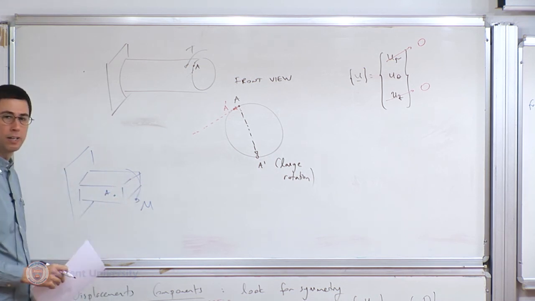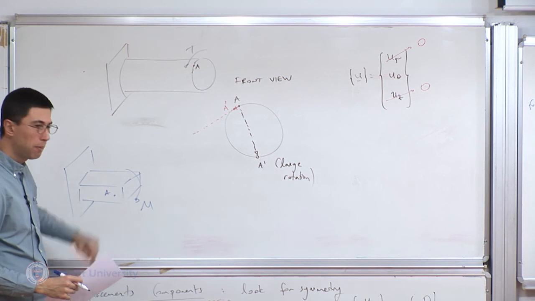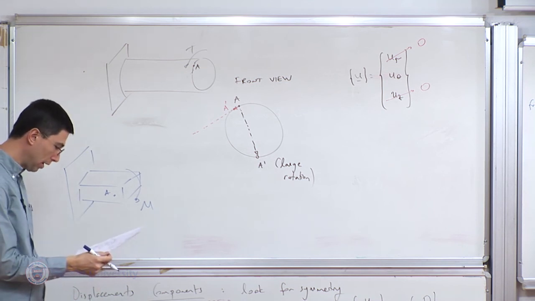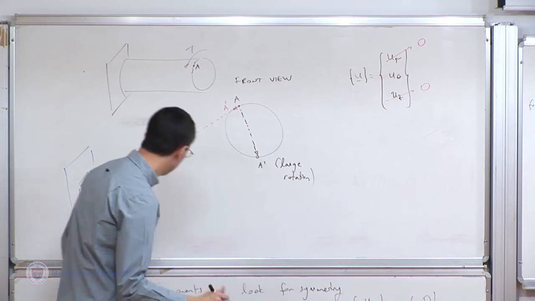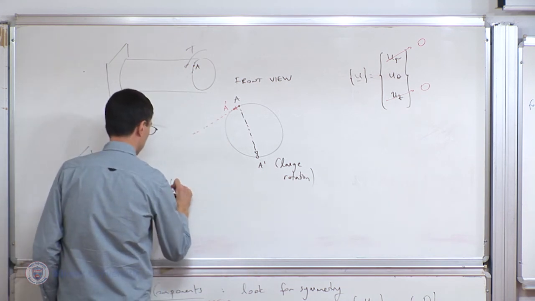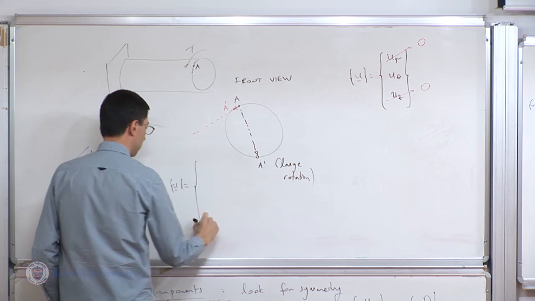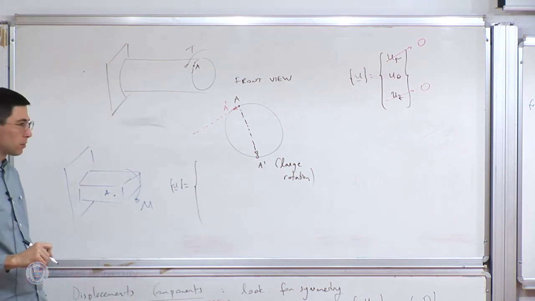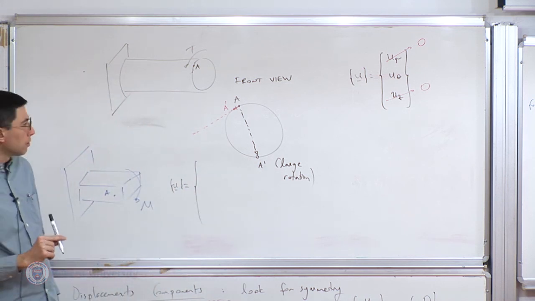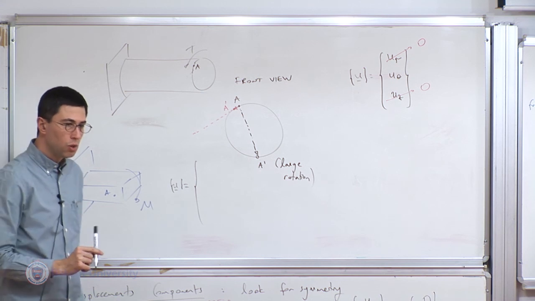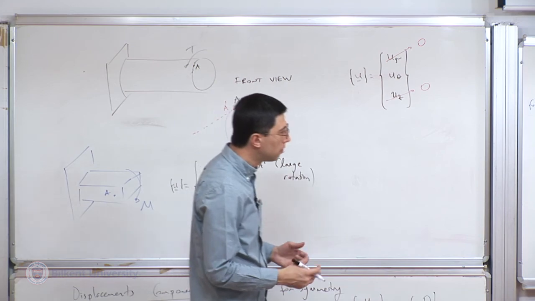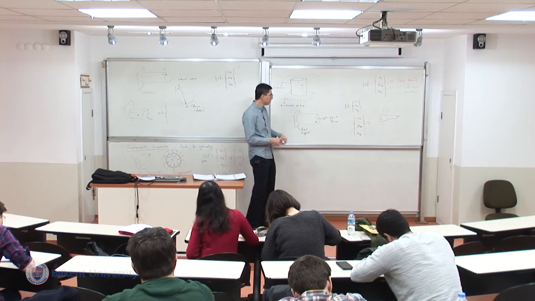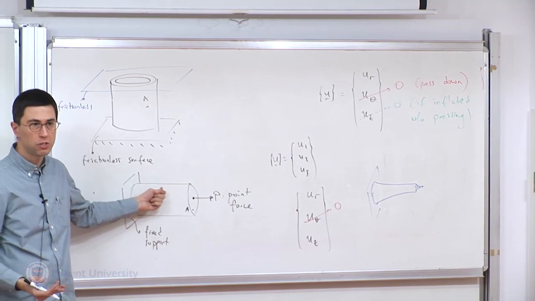I have a bar, and I apply a bending moment at the end, and I'd like to analyze its deformation. Now, of course, you see that in all of the problems, the coordinate system you're using is naturally imposed by the geometric symmetry.